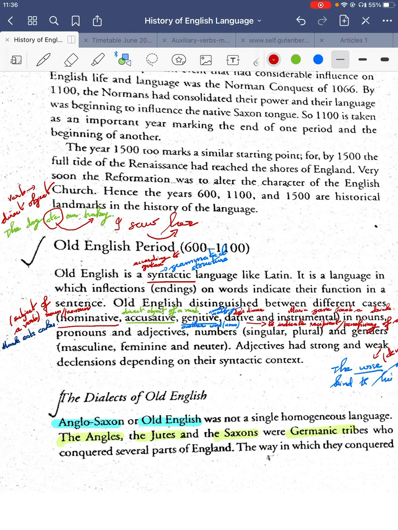Old English is a syntactic language where there are huge structures of grammar and syntax deployed to use the language. You have the grammatical structure, the syntactic structure like Latin. It is a language in which inflections, endings on words, indicate their function in a sentence.